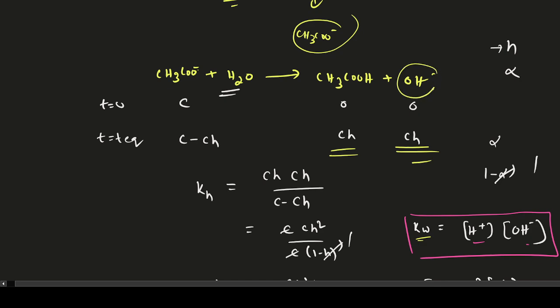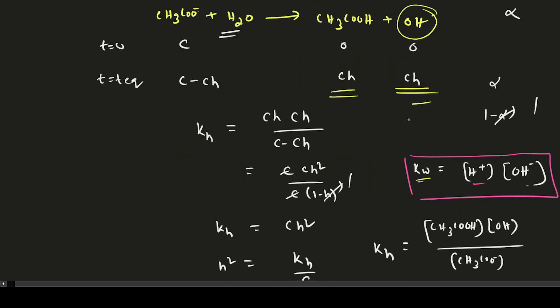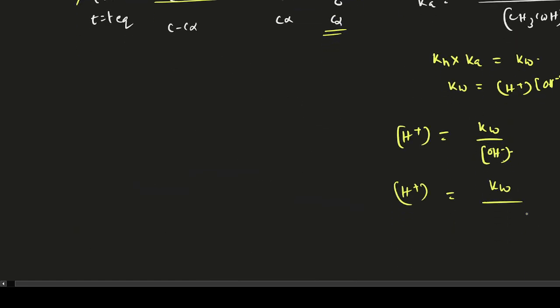Okay, so here I have the OH minus concentration, so I will put this value. H plus concentration equal to Kw over OH concentration, which is Ch. So I put here Ch.